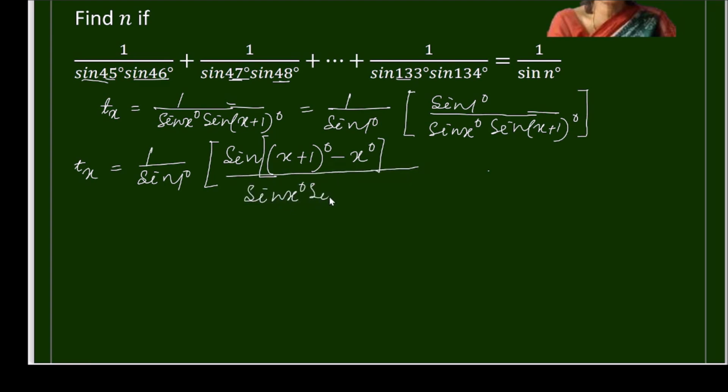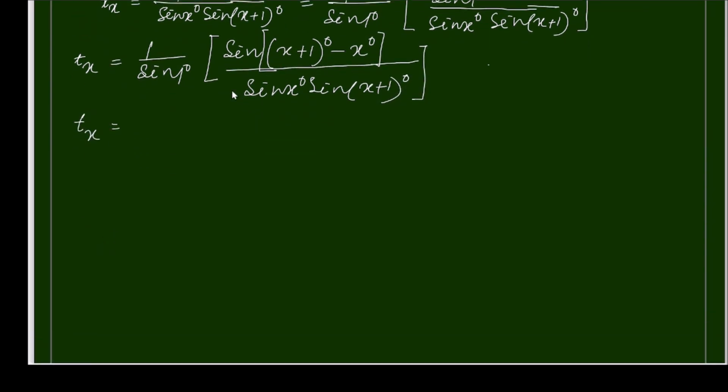Next, I'll expand this numerator using the formula sine a minus b is equal to sine a cos b minus cos a sine b.